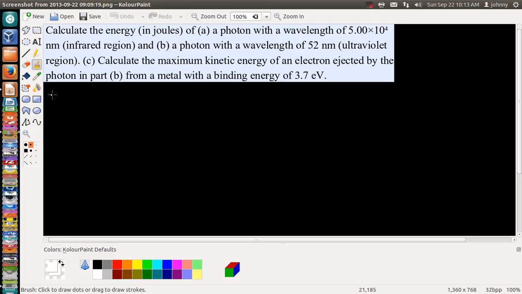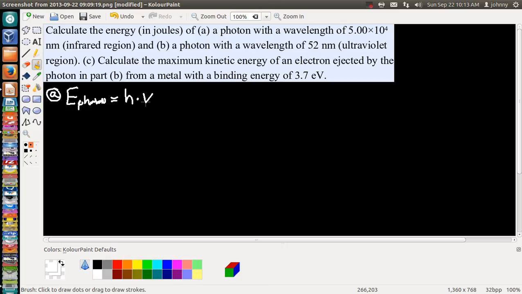First thing that we need to do is make sure we know which formulas are going to be used on this problem. Alright, first of all, they want us to calculate the energy. In order for us to calculate the energy of a single photon, we need to use Planck's constant times V. And if you remember, that V is our frequency.